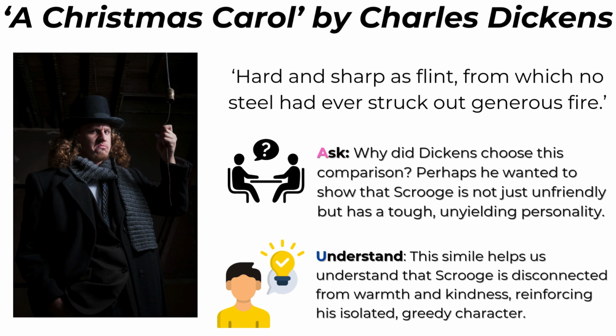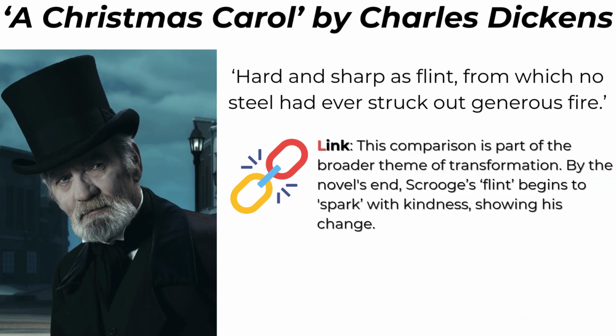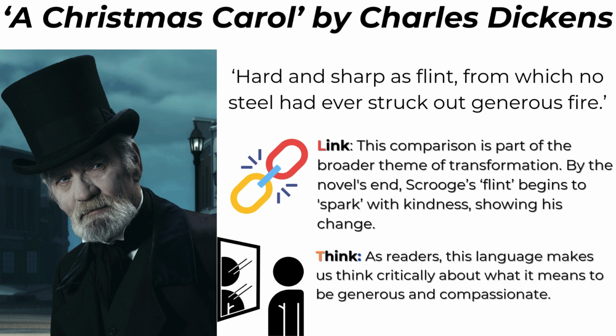4. Understand. This simile helps us understand that Scrooge is disconnected from warmth and kindness, reinforcing his isolated, greedy character. 5. Link. This comparison is part of the broader theme of transformation. By the end of the novel, Scrooge's flint begins to spark with kindness, showing his change. 6.